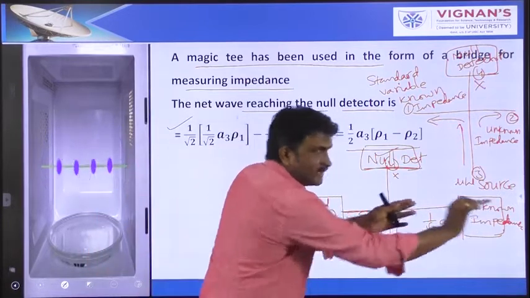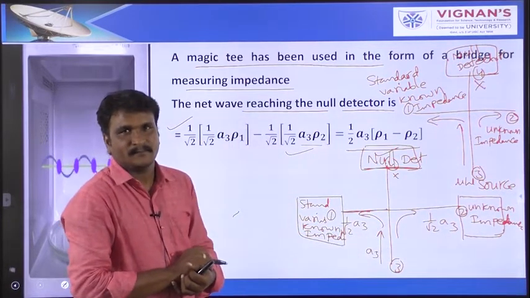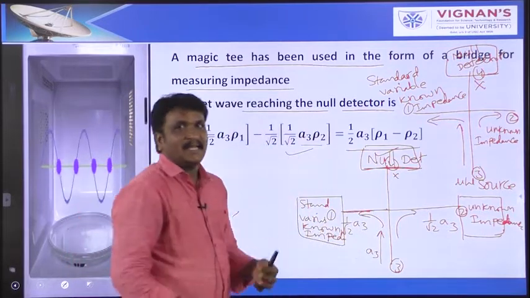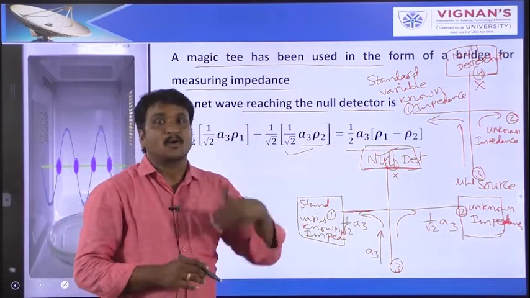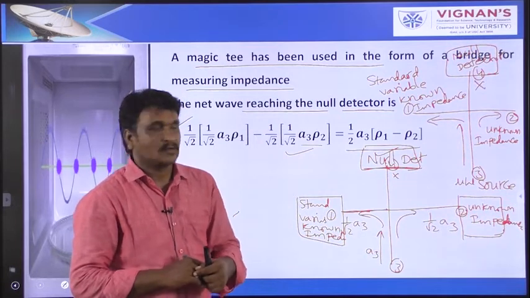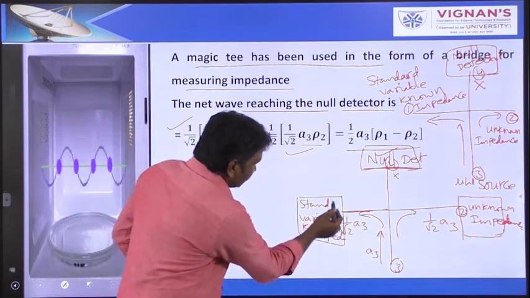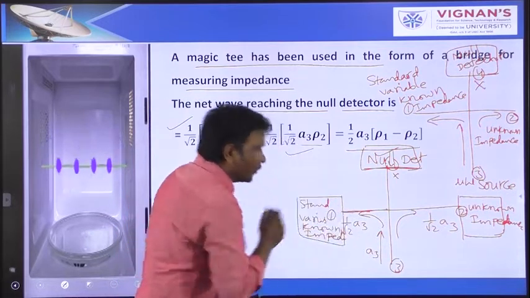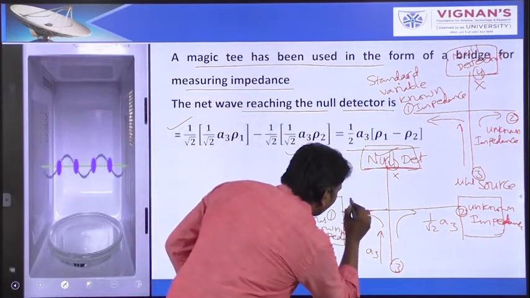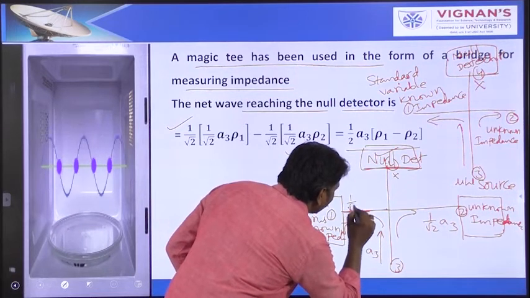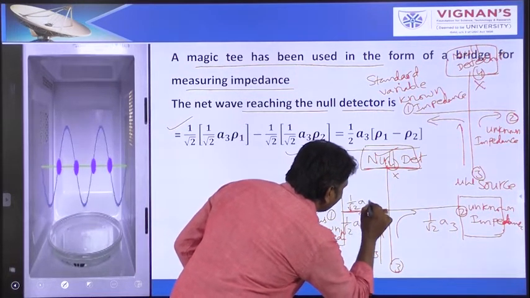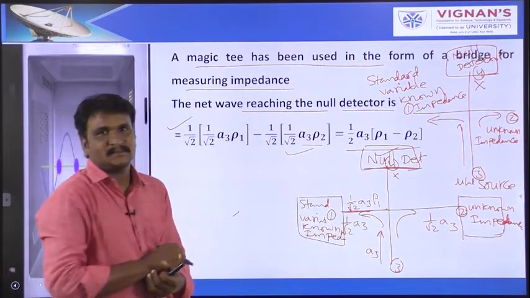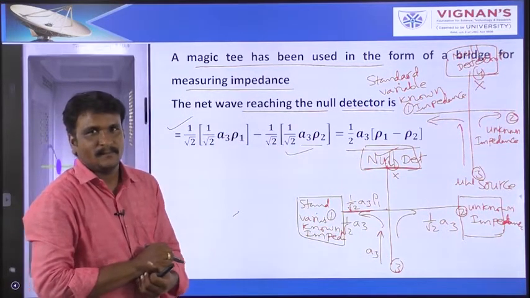Automatically it will reflect it back, right? That reflection is represented by rho. So whenever the standard variable known impedance is mismatched with this port, it will reflect that wave, A3 into rho 1 power, coming towards this direction, right?